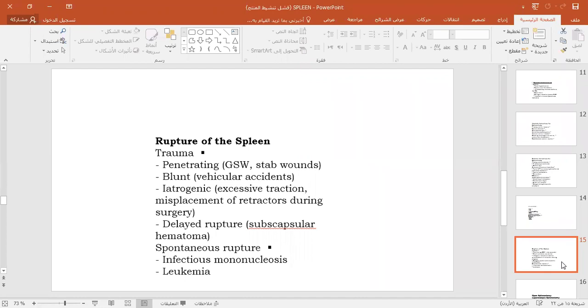Spontaneous rupture usually is from infectious mononucleosis or leukemia, malaria. And in some patients the spleen ruptures spontaneously. The patient usually comes as an emergency.